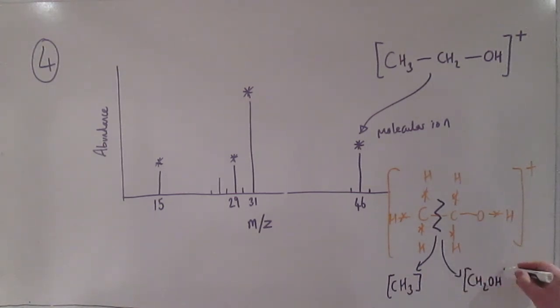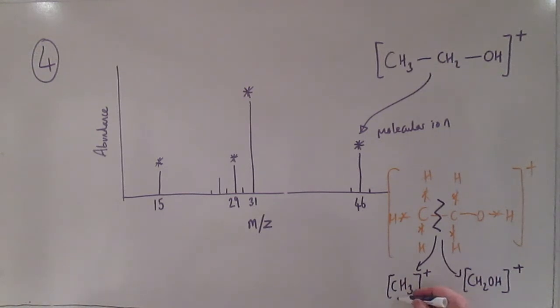When it fragments, each individual molecular ion will give a positive charge either on this one or on this one. But different molecular ions may give different fragmentation patterns. So it's possible that sometimes you get CH3+ and sometimes you get CH2OH+. Again, it's worth looking for both fragment ions in the spectrum.